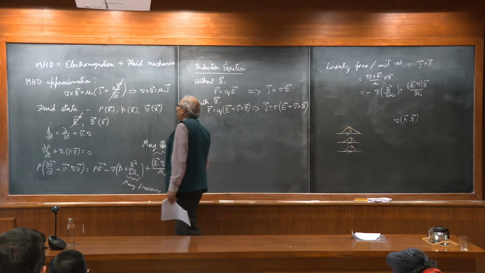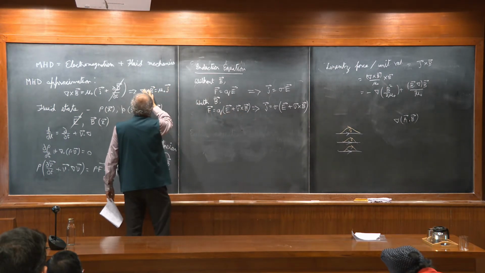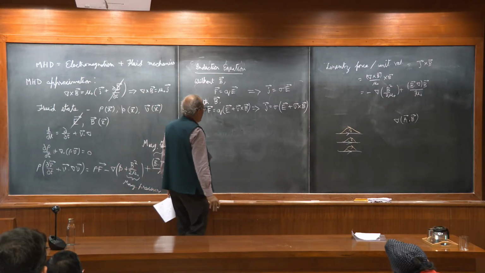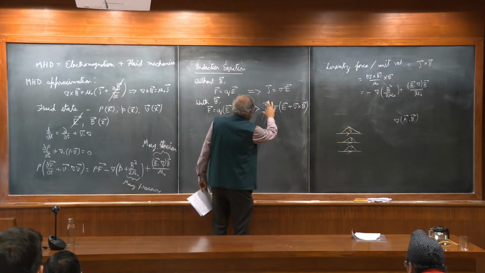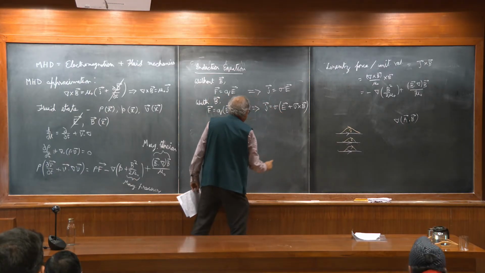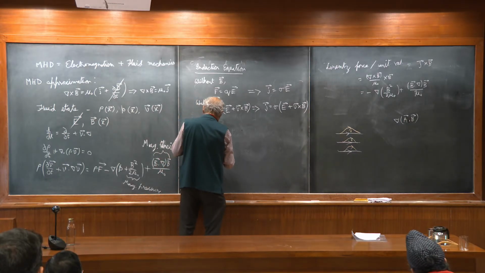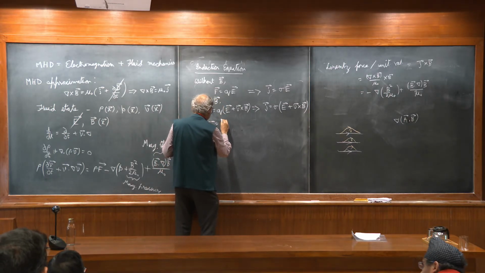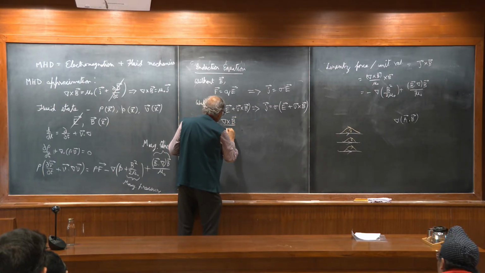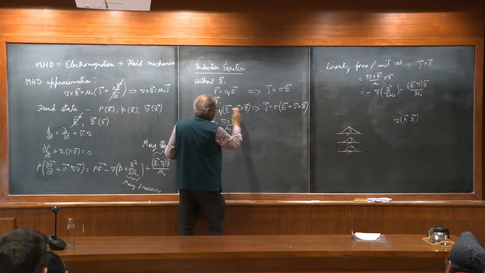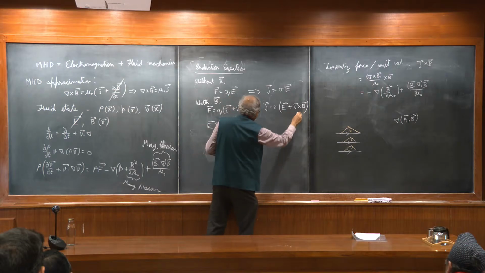And then from the equation for current density we can write J as curl B divided by mu 0. If we substitute that for J, then for E we get this relation: E is equal to curl B over mu 0 sigma, with sigma brought to this side, and then there is this term.